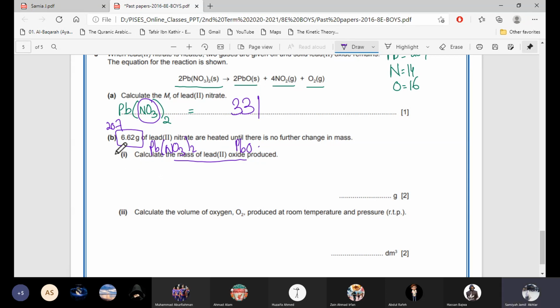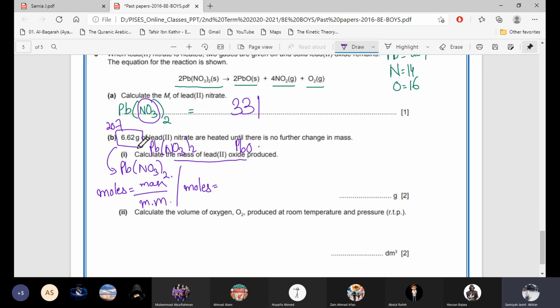Okay, first for lead nitrate, moles is equal to mass divided by molar mass. First we will take out the lead nitrate moles, and then we will take the ratio between lead nitrate and lead oxide.